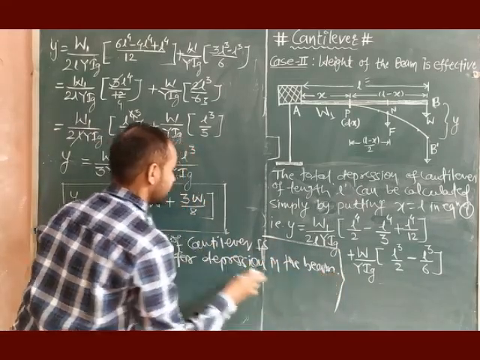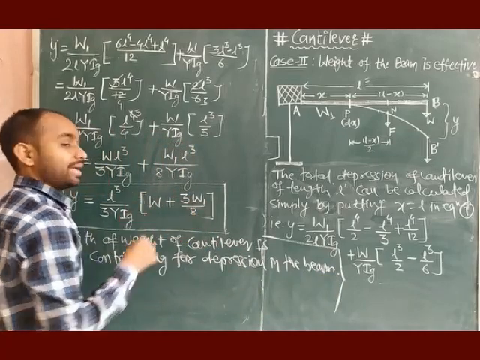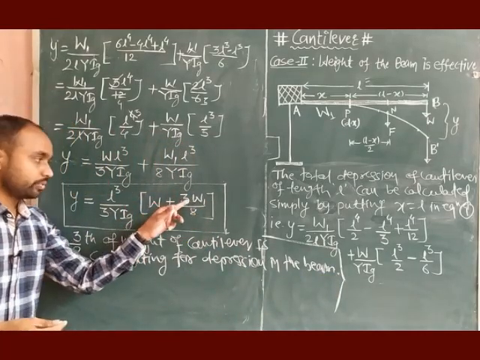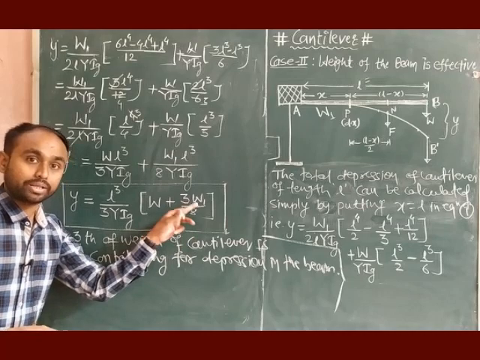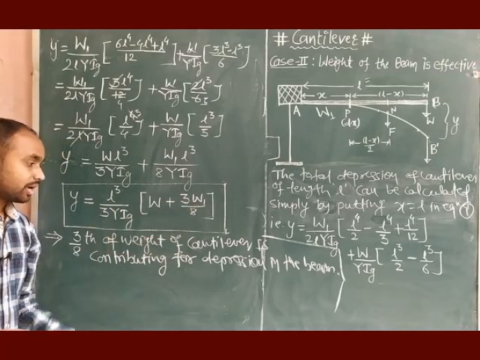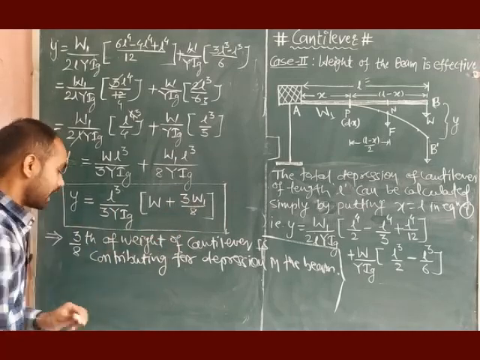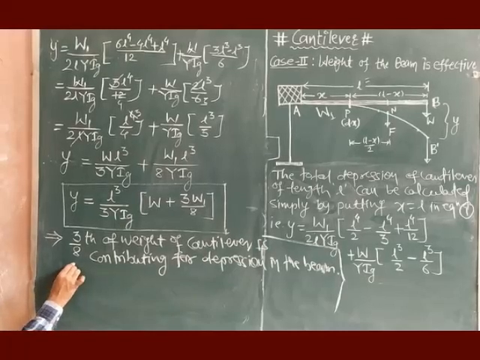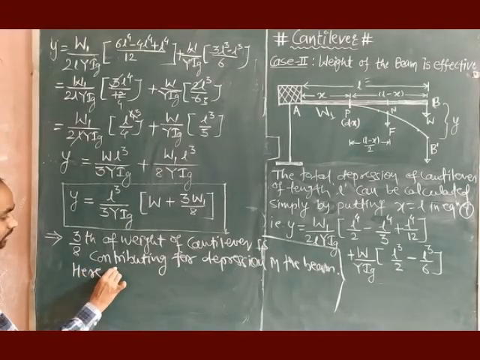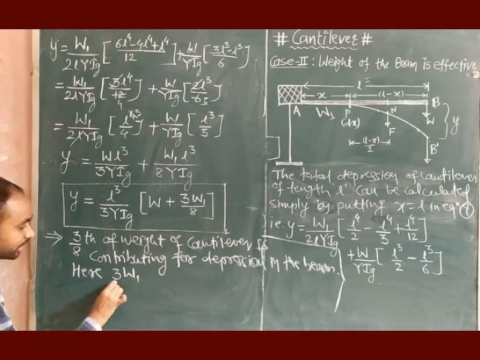And finally this particular 3W1 by 8, or what we can say 3/8 of W1, that means 3/8 of the weight of the cantilever, has a specific name, and that is what we call it. So here, 3W1 divided by 8.